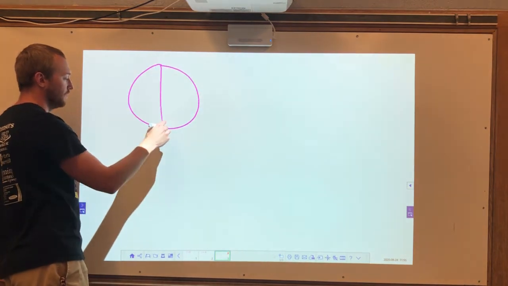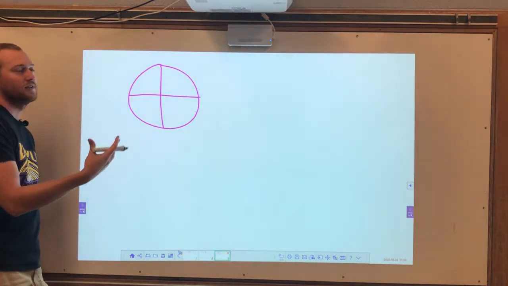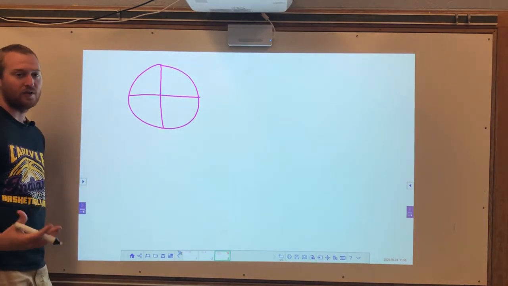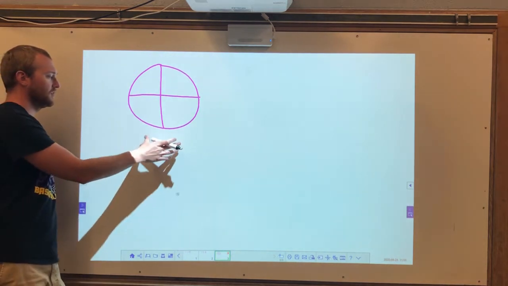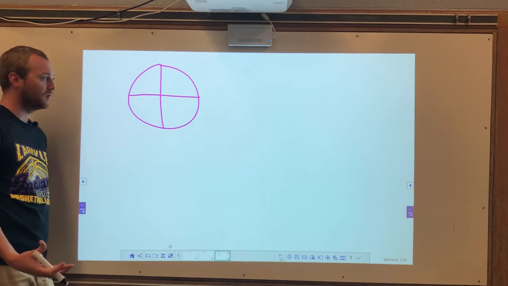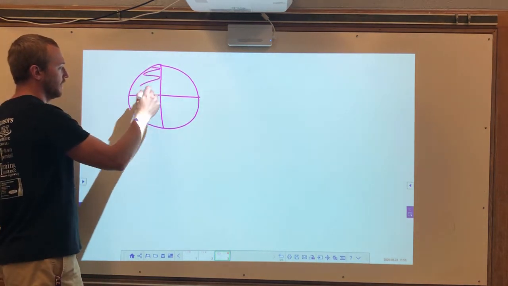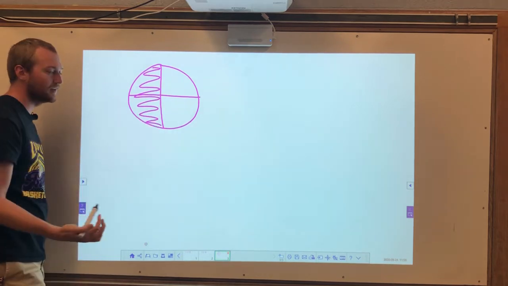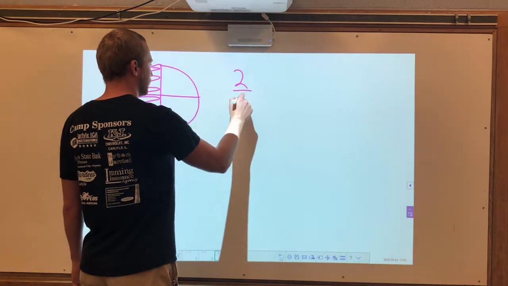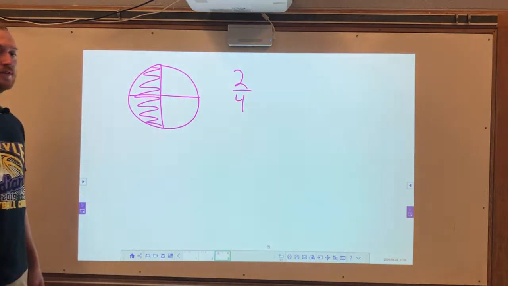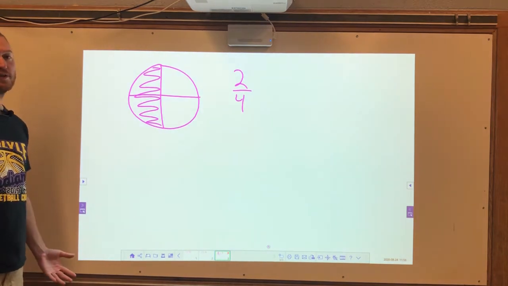When I'm working with fractions, the most common thing to do is think of a pizza or a pie, or something in a circle that you can break up into even pieces. If I have this circle broken up into four pieces, and let's say I just shaded in 2 of the 4 pieces, that's 2/4 of the entire circle I just shaded in.